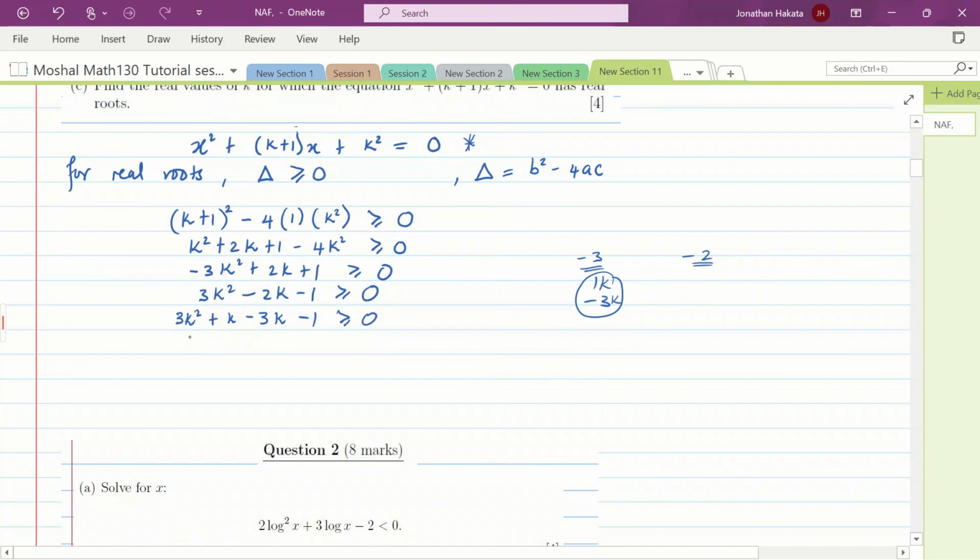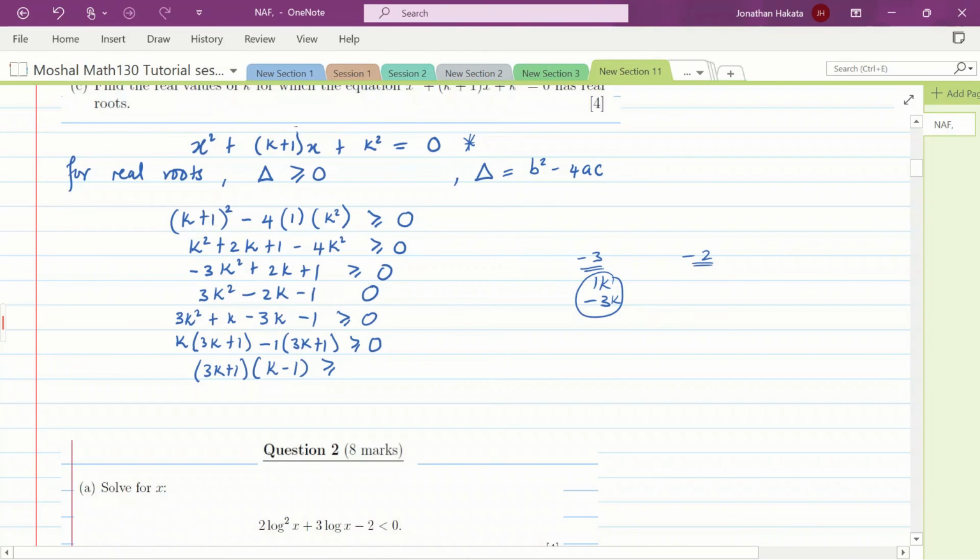So here we can factor out, the choice is ours, k and we end up with 3k plus 1, and then for this one we factor out negative 1, you end up with 3k plus 1 greater or equal to 0, and then one of these brackets is common and the other one becomes k minus 1, like that, greater or equal to, ooh, something is not right here.